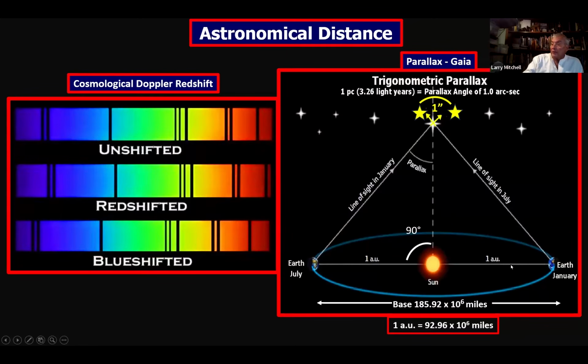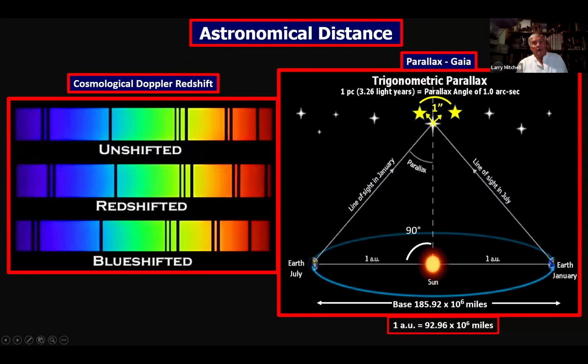They use the base of the Earth's orbit, the diameter of which is about 186 million miles, and you use that to figure a right triangle, and we can come up with a shift in stellar objects in the background.